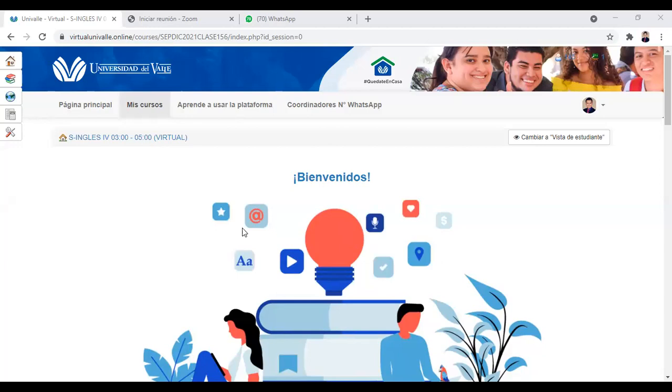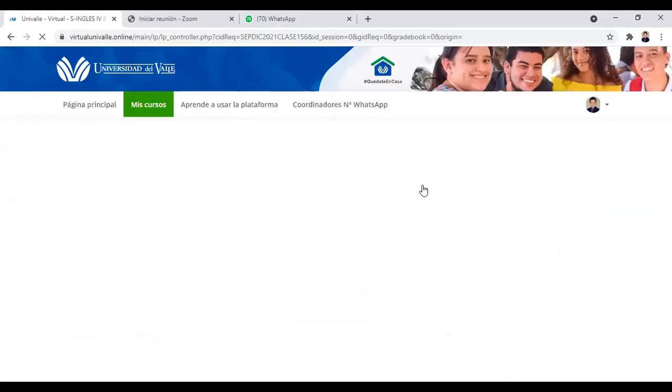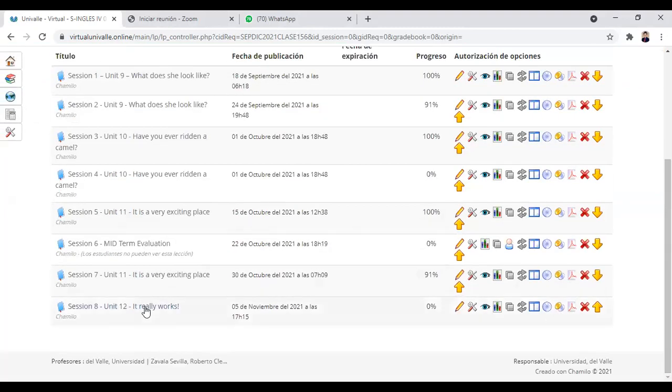Today, we're going to try to cover all the contents, activities, and exercises from Unit 8. In here, we are going to be working on Unit 8.